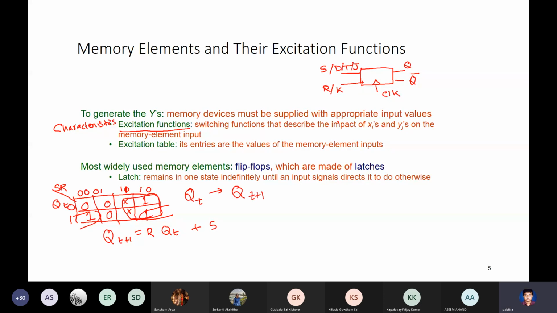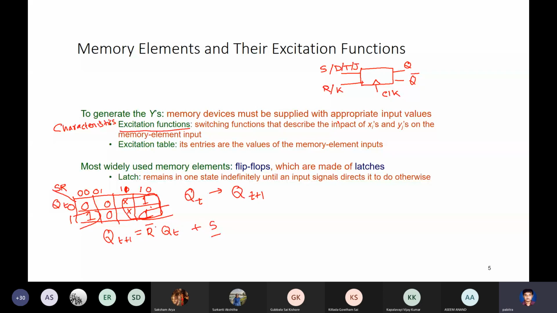These blocks correspond to S, and these blocks correspond to Qt is 1 and R bar. Okay, so this is the excitation function.